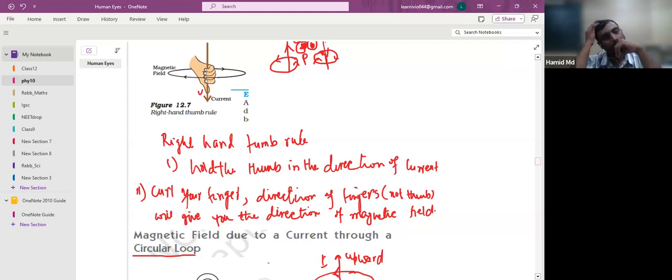Right hand thumb acts as the direction of the current going upwards, and the other fingers are directed to the left side. So what is the right hand thumb rule, Jaslyn?